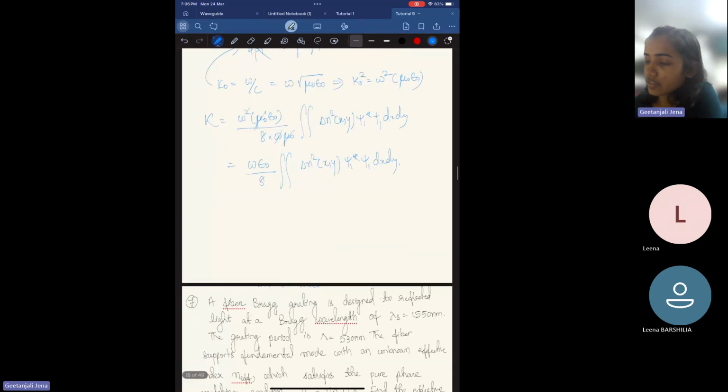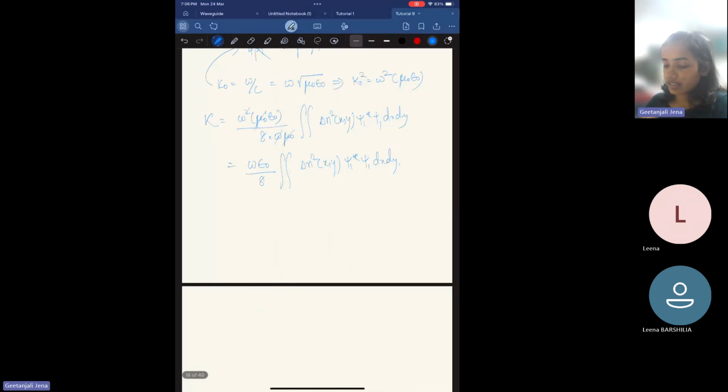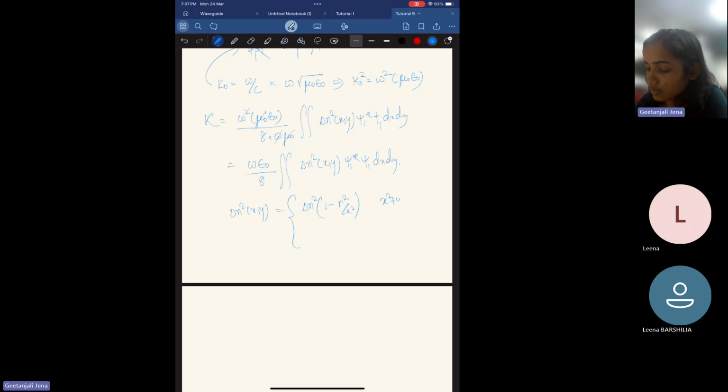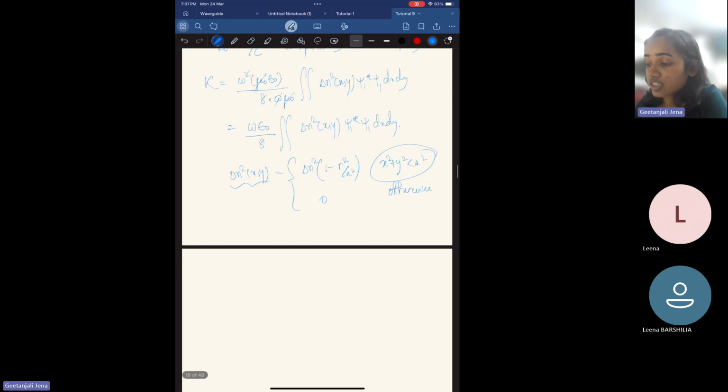So let us see what is given to us. What is the information for psi 1 and delta n squared? Delta n squared is given as delta n squared times (1 minus r squared over x squared) inside the core, or it is 0. So delta n squared is non-zero in the range from 0 to a, so the limit of integration for the position is 0 to a.